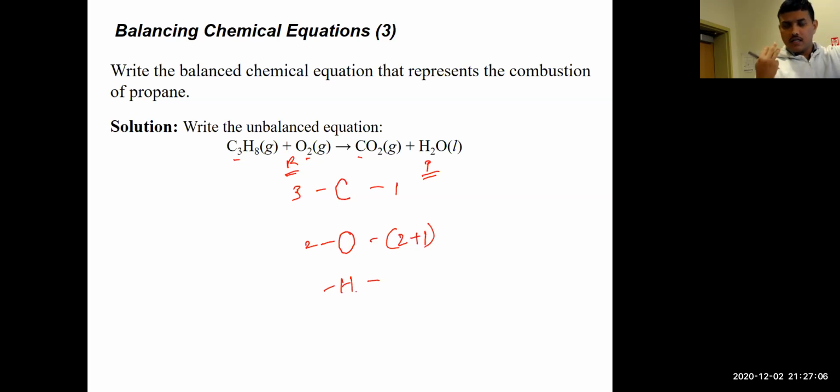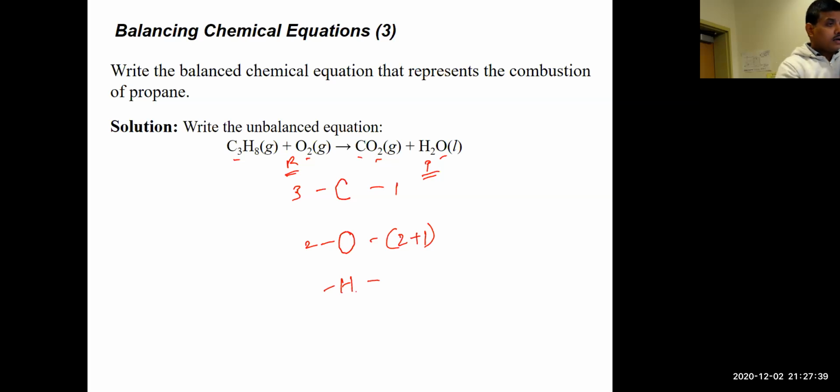I see a total of 3 oxygens, but I see them in 2 different compounds, and I still know there are 3 oxygens on the product side, but I want to clearly separate which oxygens come from where. So there are 2 oxygens from CO2 and 1 oxygen there, but we are still eventually going to match both reactant and product sides. But I find that it is confusing to mix all of them as a 3 for the majority of the class. So I'm just going to differentiate them and work on them.